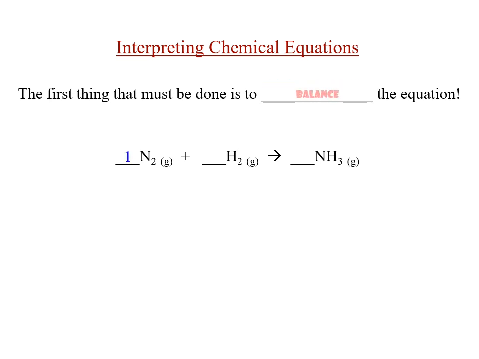So we look here on this equation. If we're balancing the equation, I'm going to pause for just a second and allow you to balance it, knowing that there's only one nitrogen involved. Go ahead and give that a shot.